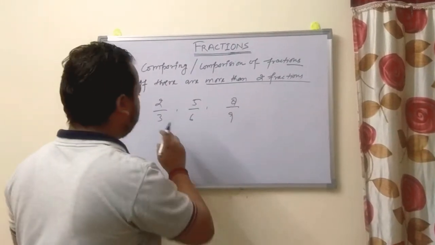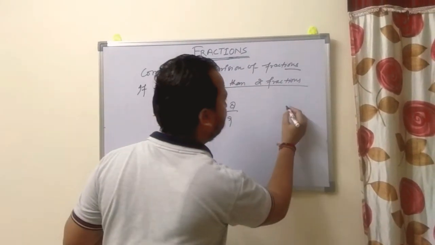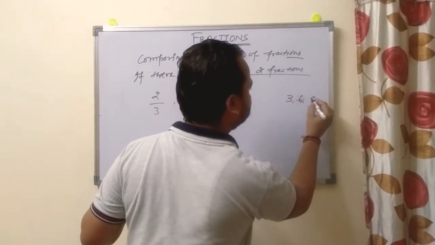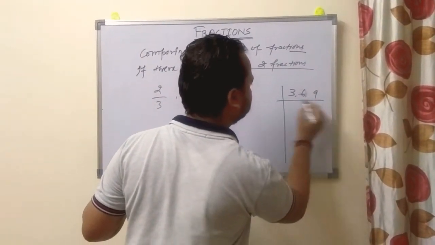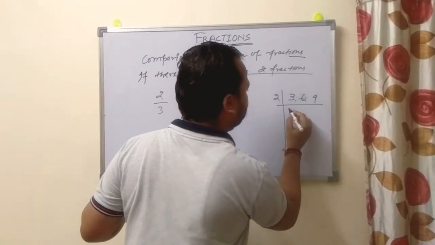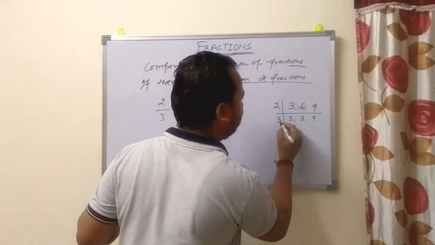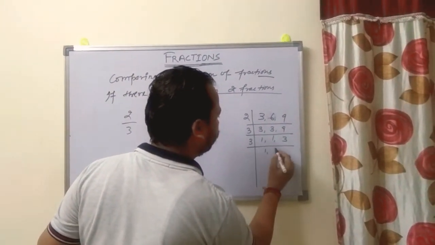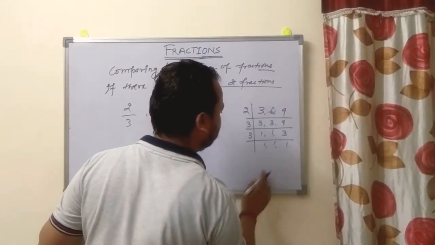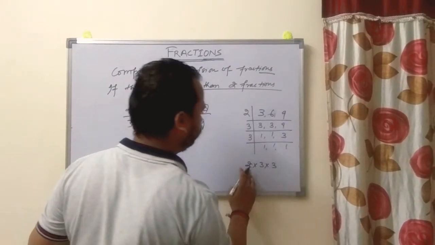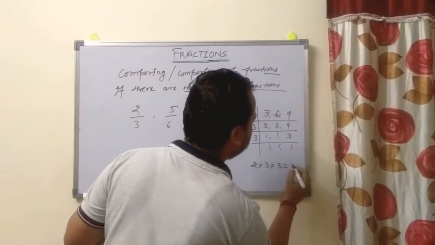If we are taking the LCM of 3, 6 and 9: 2, 3, just 6, 9, 3, 3, 1, 1 and 1. So LCM is 2 into 3 into 3; 2 threes are 6, 6 threes are 18.